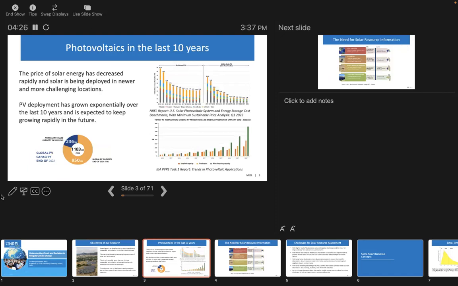This is just a snapshot of how solar has grown. It's exponential. On the top two panels, essentially, it's the cost of photovoltaic systems and energy storage. As you can see, the costs are going down exponentially. And the growth in solar is on the bottom right there.